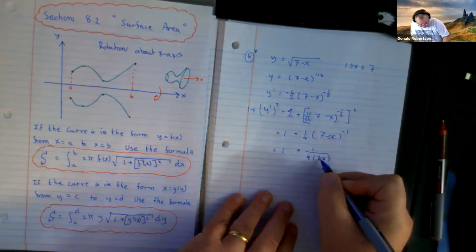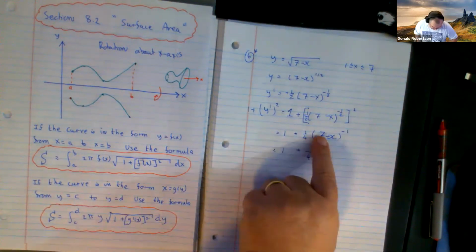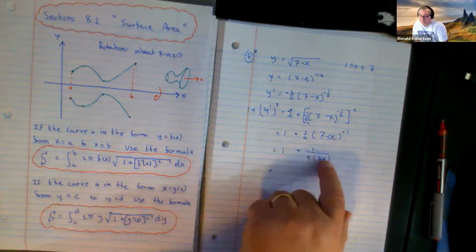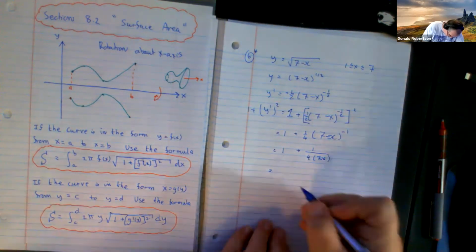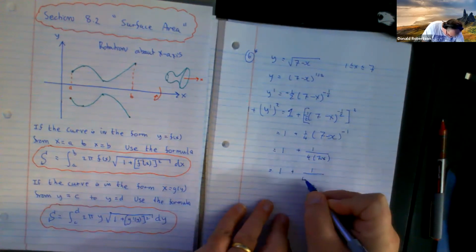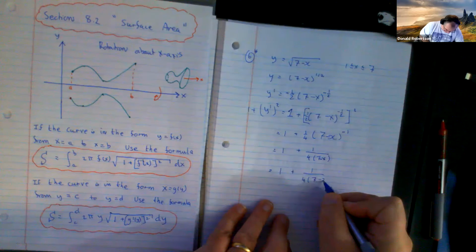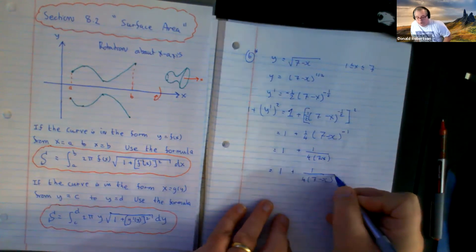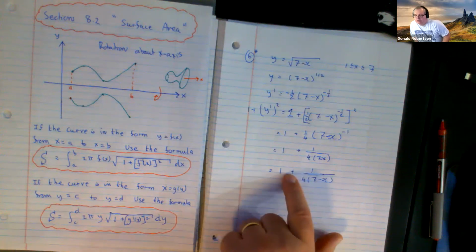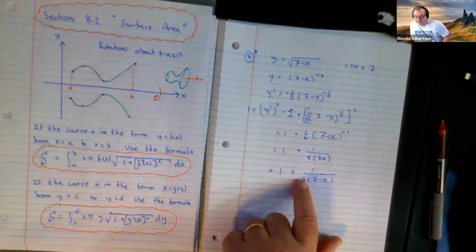Okay, a -1 power is 7 minus x. I have a 1 plus a fraction. In fact, I'm going to write my fraction again because it doesn't look very pretty. There we go. There, looks nicer now. What do you think I should be doing on my next? What's my algebra goal now? Because that's not where I'm finished. I need better than this.